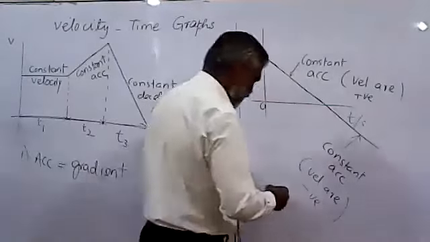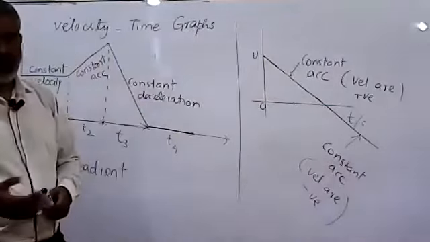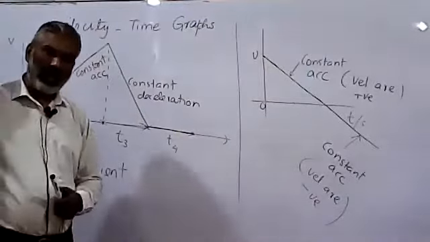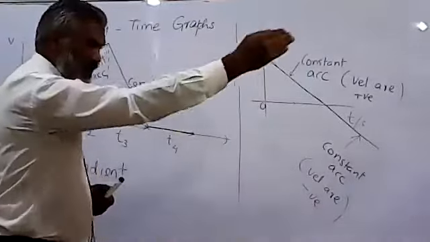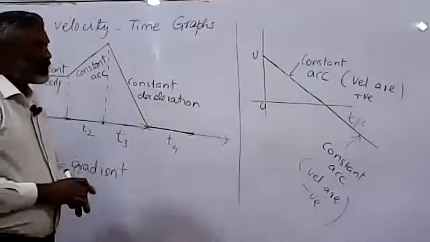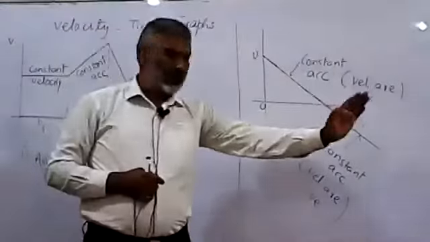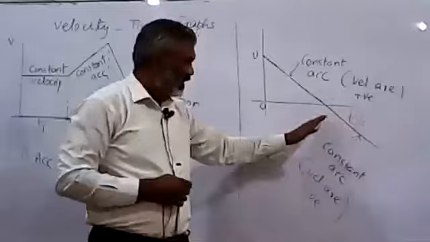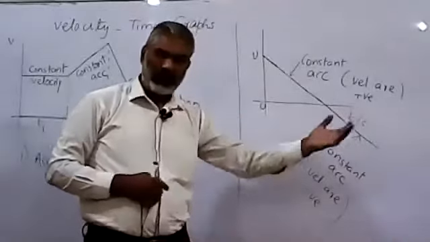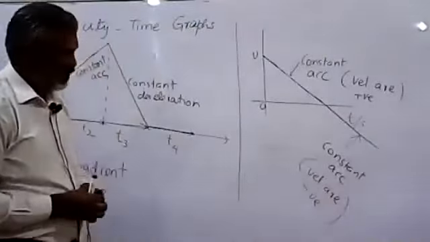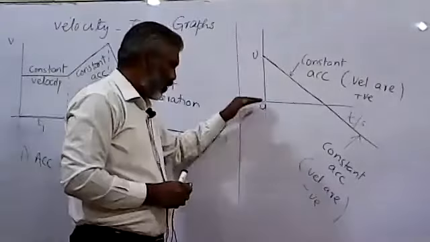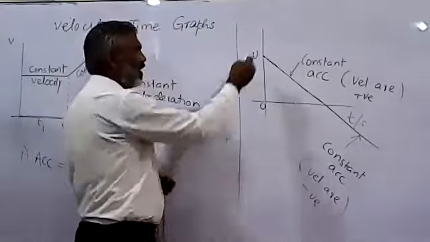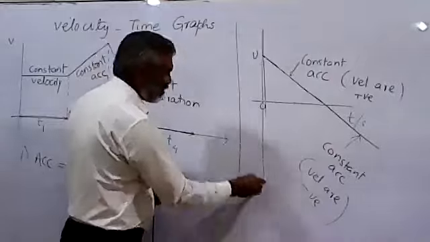That means the object is now moving in the opposite direction. It's the same acceleration, but this direction has positive values, all of them, and when the object has started moving in the opposite direction, the velocities are all negative now, because this scale is showing you the values of velocity.